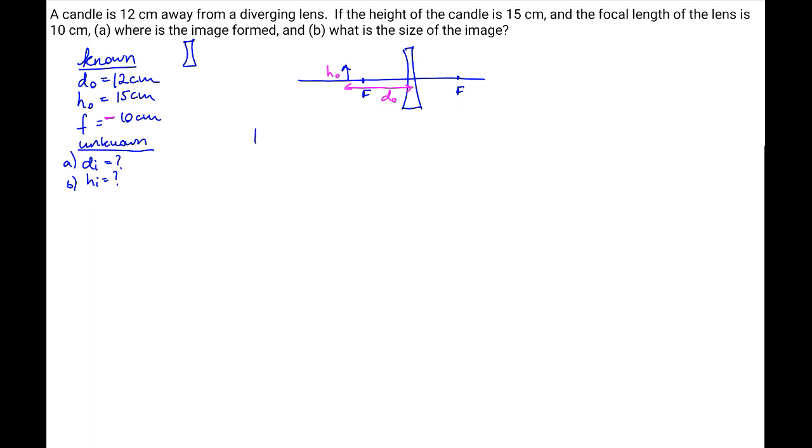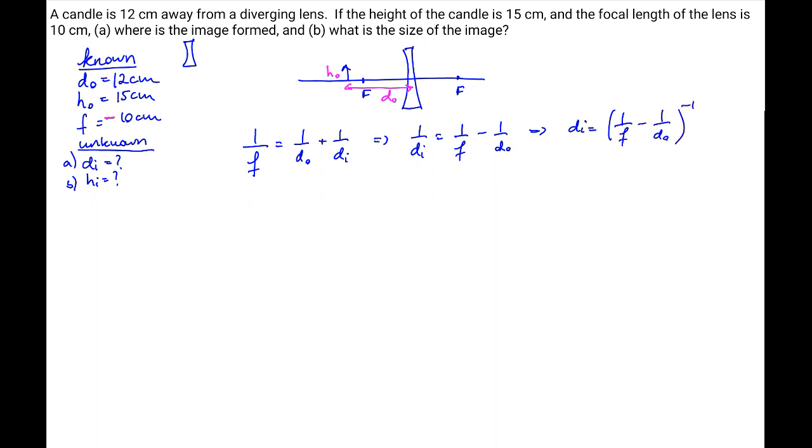So we can start out with the lens equation. 1 over F is 1 over DO plus 1 over DI. In this equation, we know both F and DO, so we solve for DI. So we have 1 over DI is 1 over F minus 1 over DO, or DI is (1 over F minus 1 over DO) to the negative 1.